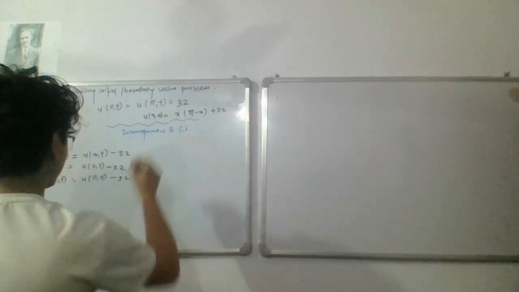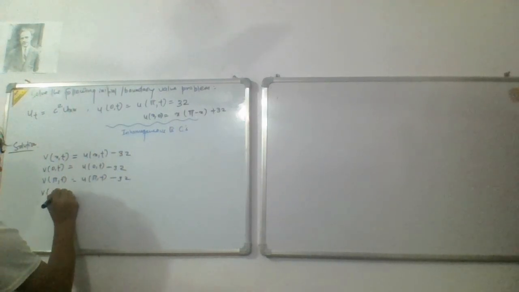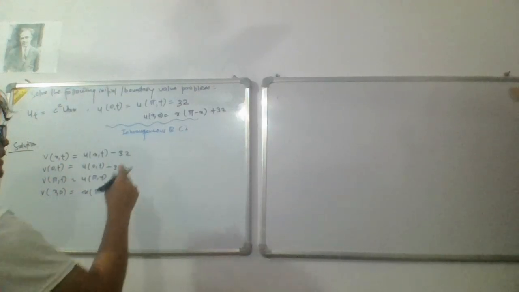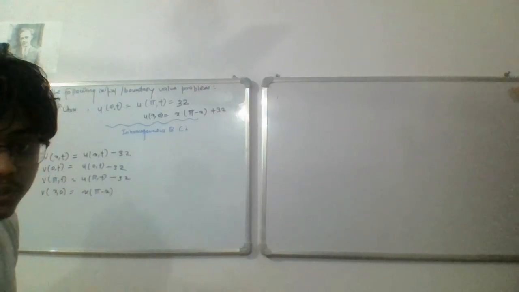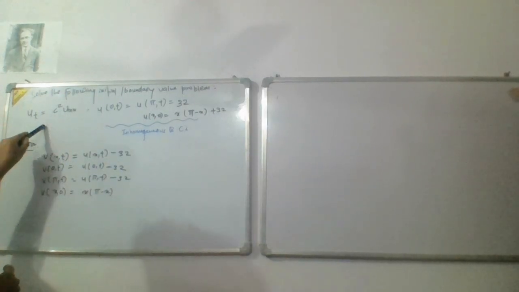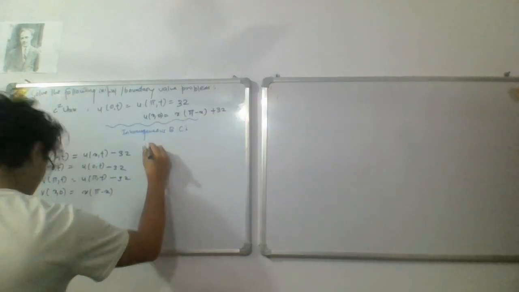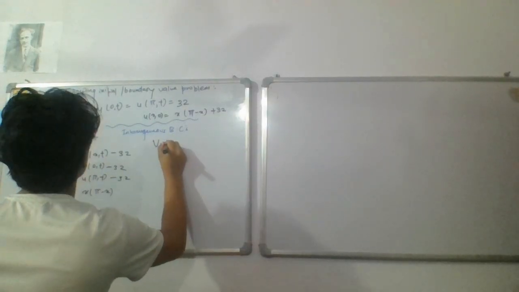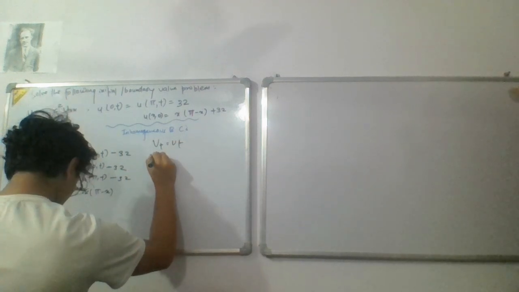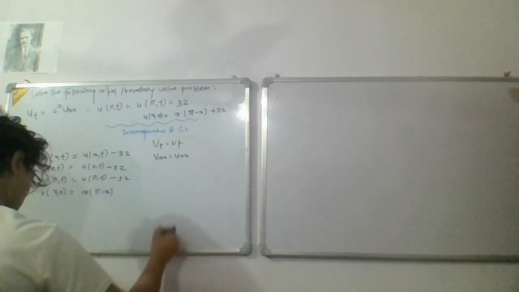In this way, again, this v of x,0 becomes x pi minus x only, because plus 32 and minus 32 cancel each other. After this, our equation also gets modified, and our equation now becomes v_t equals u_t, and v_xx becomes u_xx.